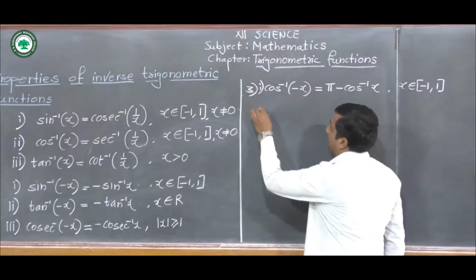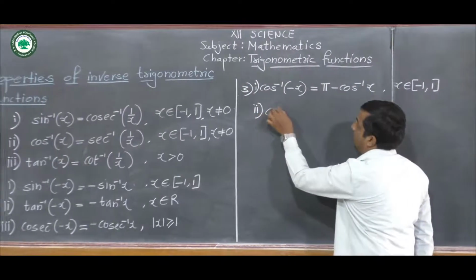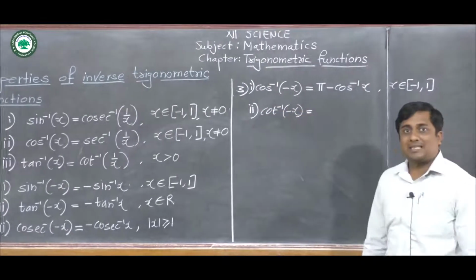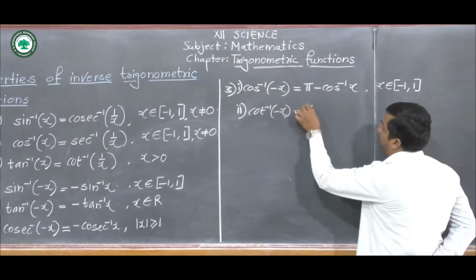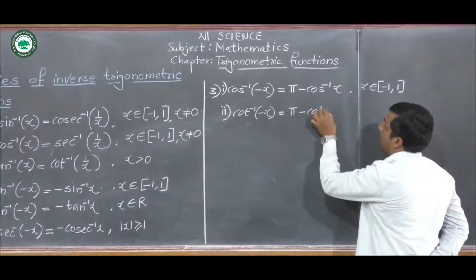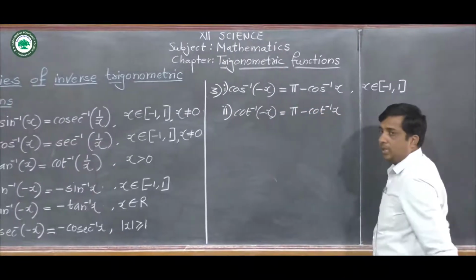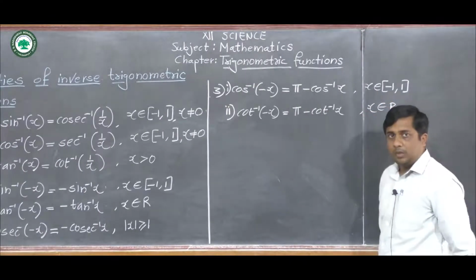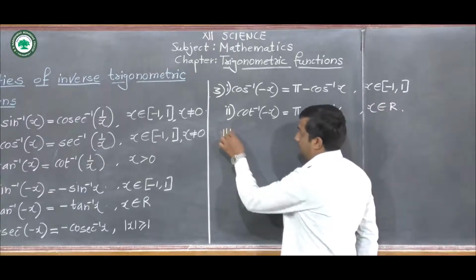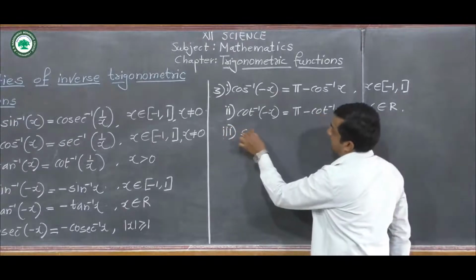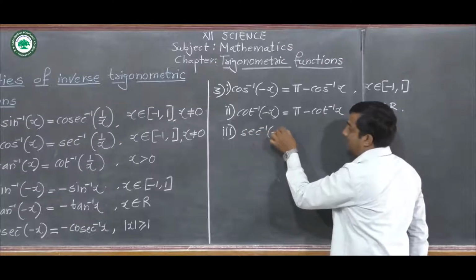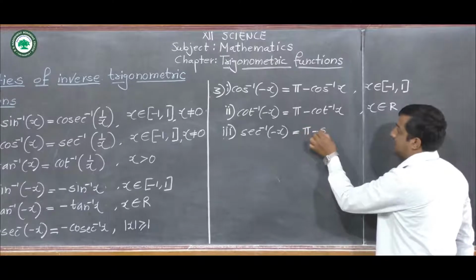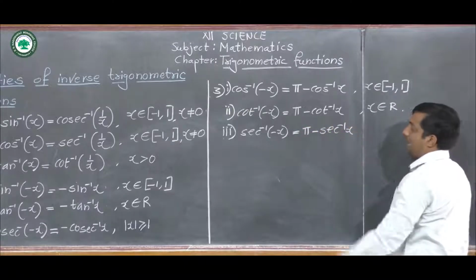Then in the second we consider cot inverse of minus x, and this is again pi minus cot inverse of x, where x belongs to R. Then in the third point, we consider sec inverse of minus x, and this is equal to pi minus sec inverse of x.